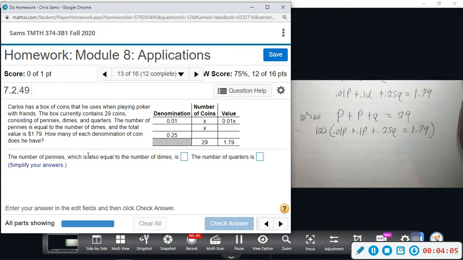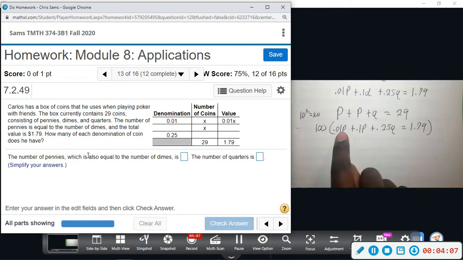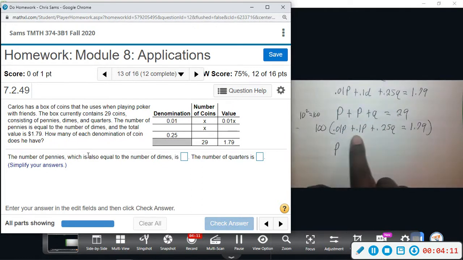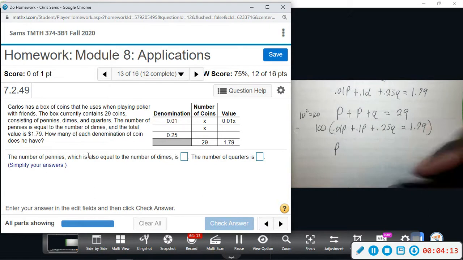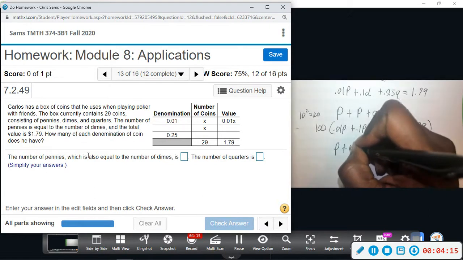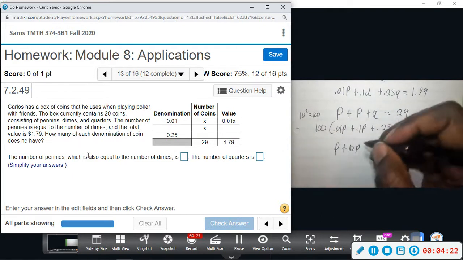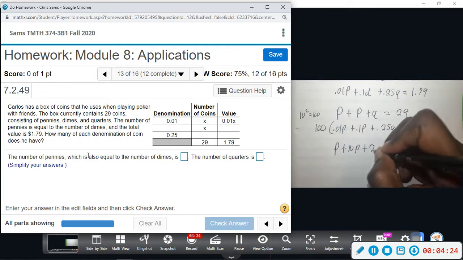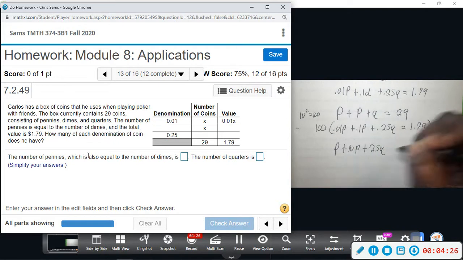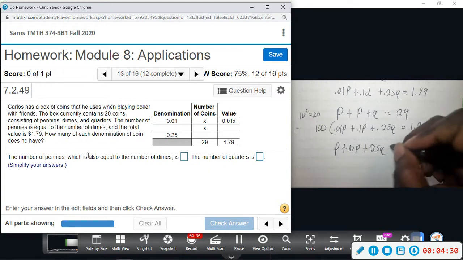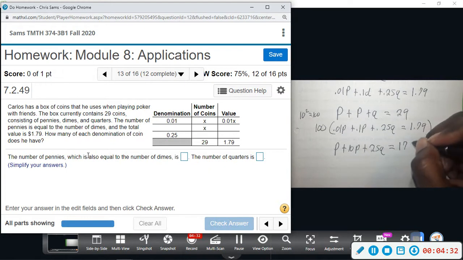When I multiply by 100, it moves the decimal over 2 times, so it gives me 1P, plus 10P, because you're distributing to every term. This gives me plus 25Q, and then 179.